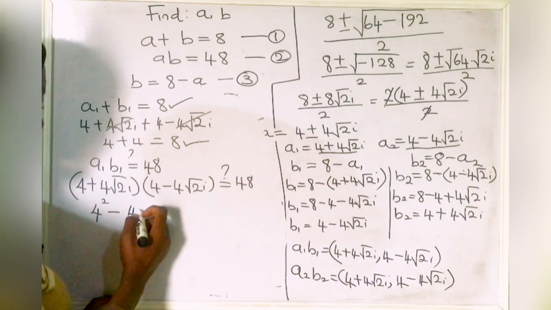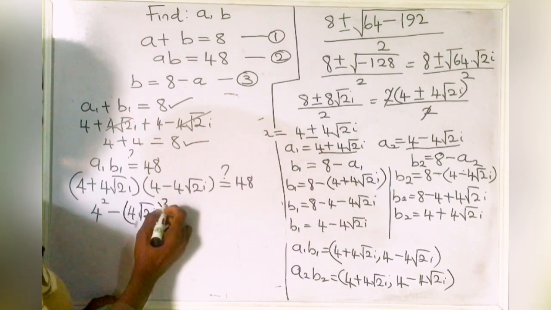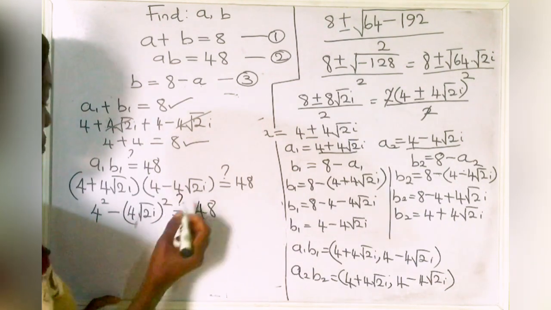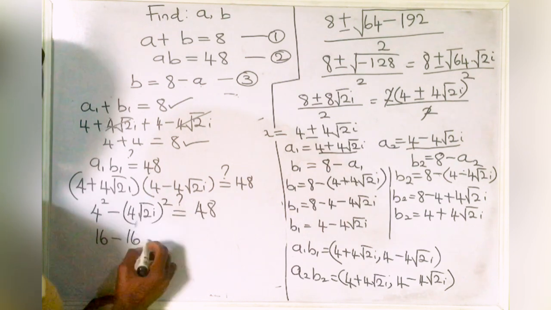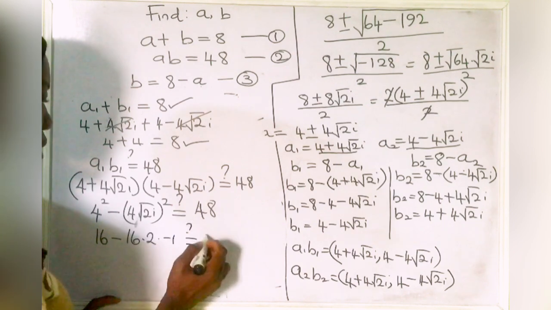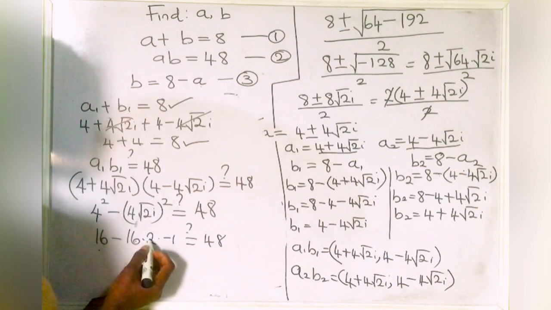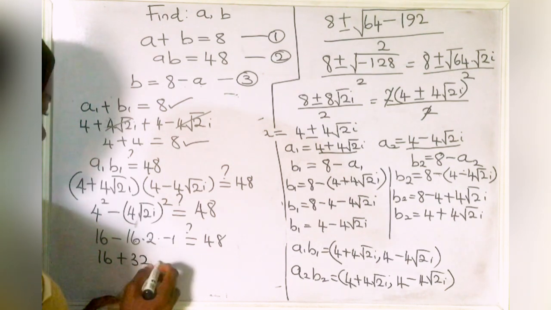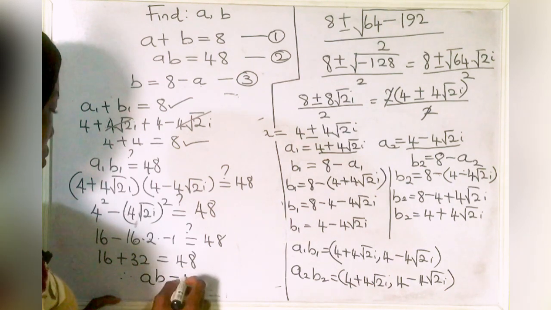Then here we'll have 4 root 2i squared. So this is 16 minus 16, this becomes multiplied by 2, then multiplied by minus 1. Is it equal to 48? Here becomes 16 times 2 is 32, multiplied by minus 1, that's plus 32, and that is equal to 48. Therefore, ab is equal to 48.